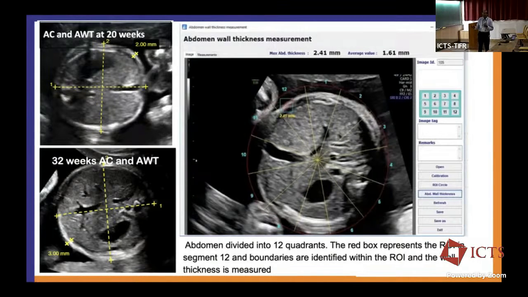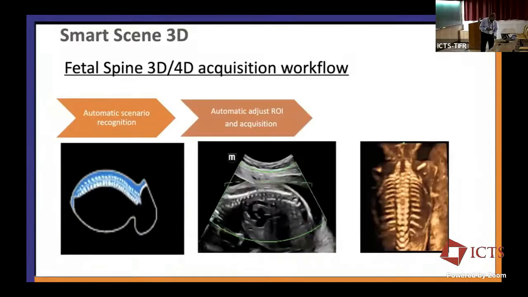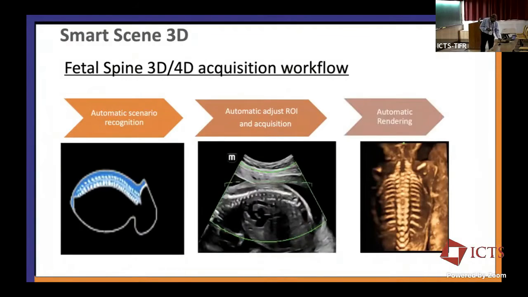You can divide the abdomen into many segments, identify the best segment where you see the abdominal wall, and make the system recognize the abdominal wall, do the automated measurement, and potentially you could give a batch of 300 images or 1,000 images and get the measurement done in an instant. So that's the advantage. Then of course we have seen the spine.